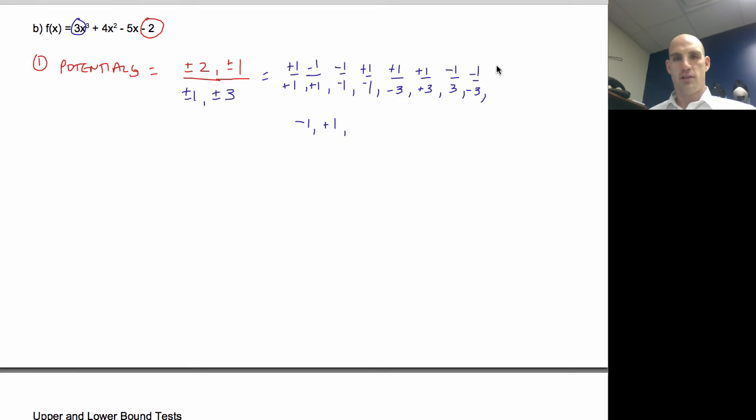Let's see, what else? I could have 2 over 1, or I could have negative 2 over negative 1, or negative 2 over 1, or positive 2 over negative 1. And again, notice I've got all these different iterations, but what could it be? This one is negative 1/3, or I could have positive 1/3. Okay, so only 2 of the choices actually pan out as distinct solutions.